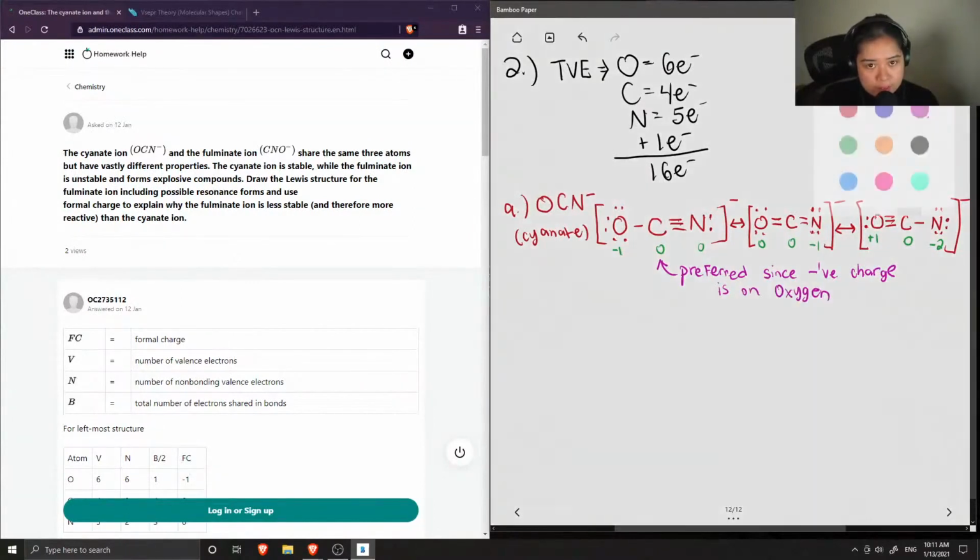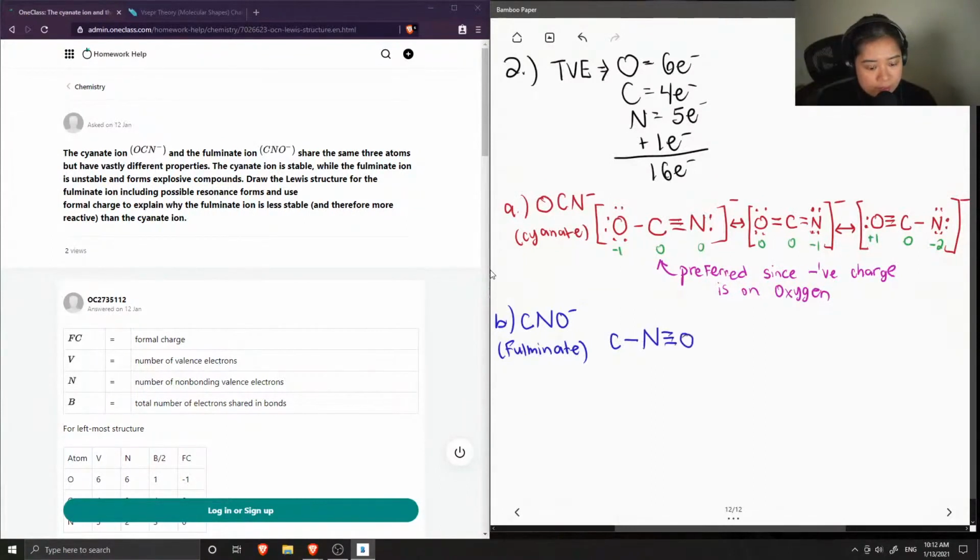Okay, so now let's look at the different Lewis structures of the fulminate ion. So this time we have nitrogen as our central atom. So this means that we can have carbon, nitrogen, and then a triple bond to oxygen.